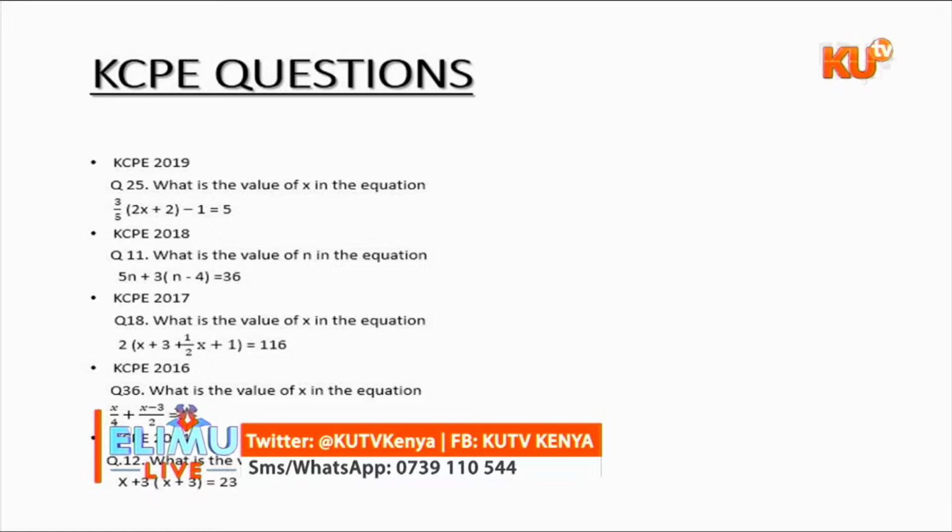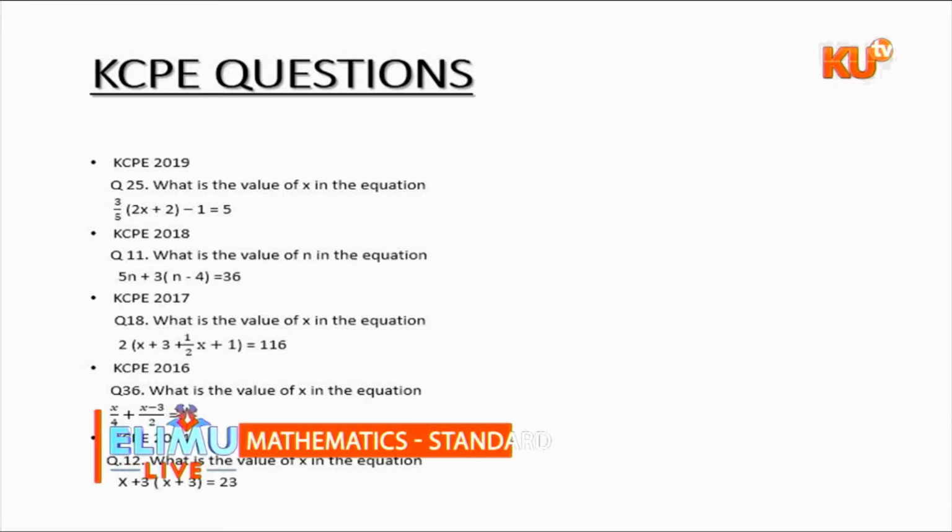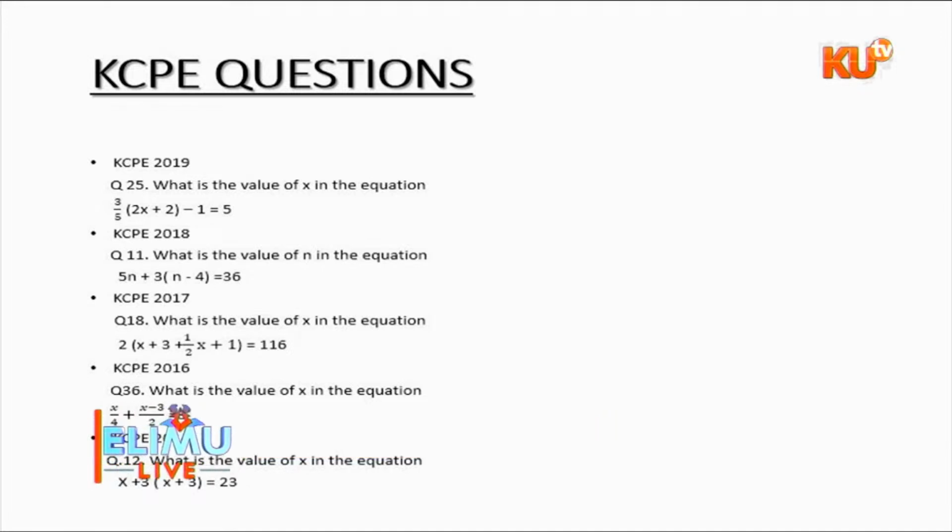That is 2017 or 2018. 2 bracket x plus 3 plus a half x plus 1 is equal to 116. So let's see how we are going to solve this one, or how we were supposed to do it.